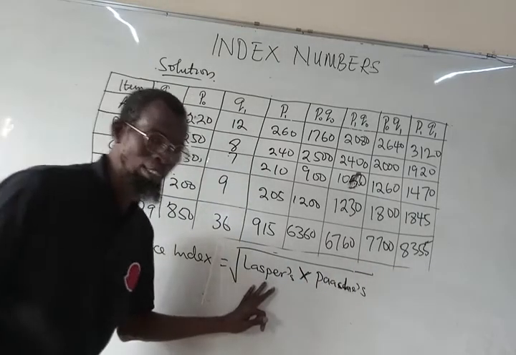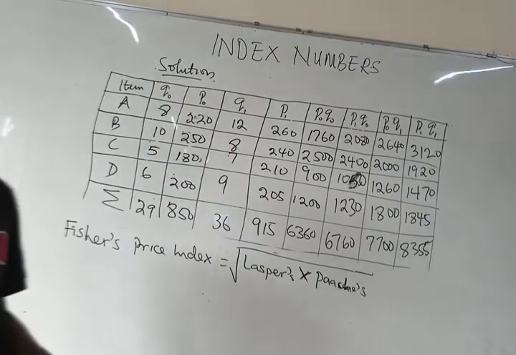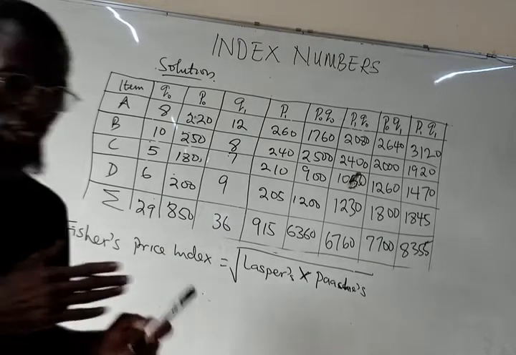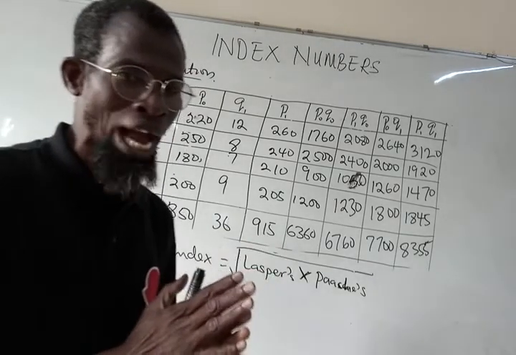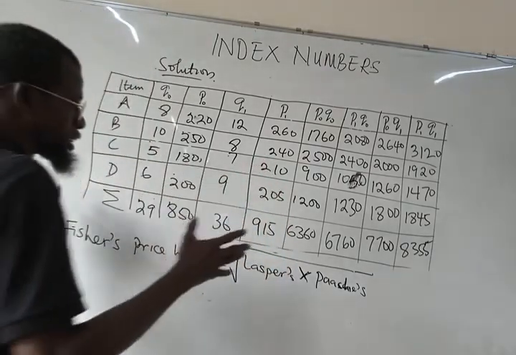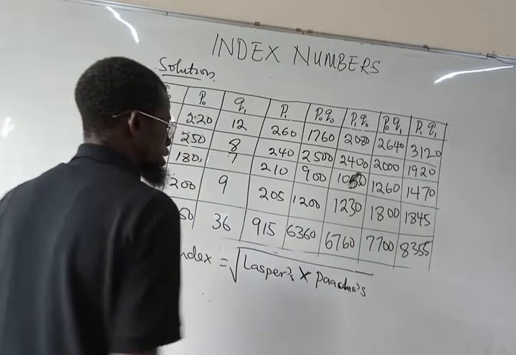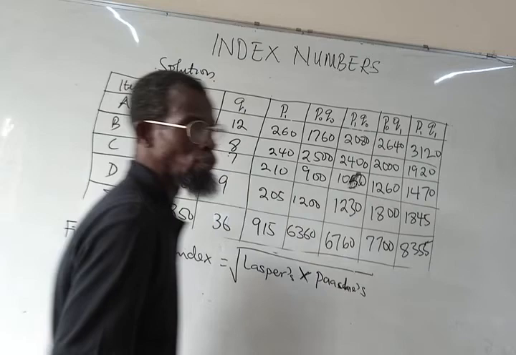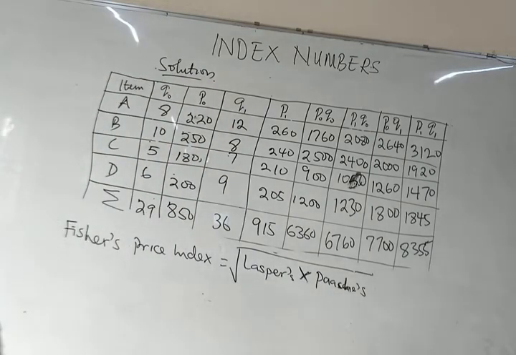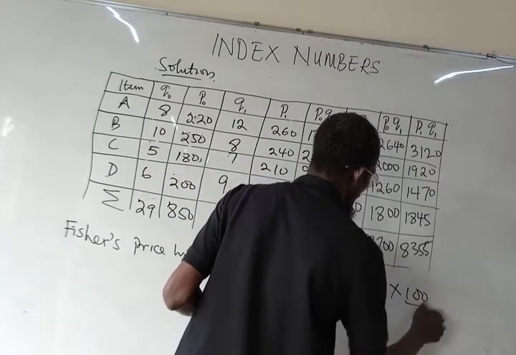You multiply the result of Laspeyres by that of Paasche, you find the square root, then you get that of the Fisher. Fisher is trying to reduce the challenges of both Laspeyres and Paasche. That is why he has to use the geometry to calculate. Then you now multiply everything by 100 over 1.